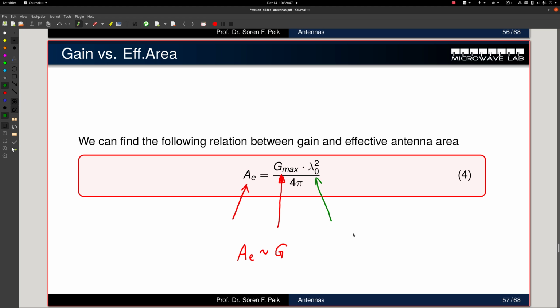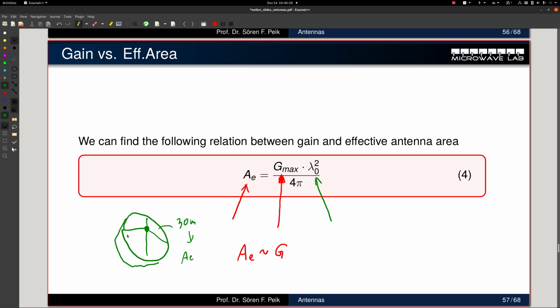That said, you know that for higher frequency antennas, the antennas are smaller in physical size than for lower frequencies. Remember the antenna I showed you last week, the huge parabolic dish antenna in Usingen. This antenna has a diameter of, I think, something like 30 meters, and that makes the effective area extremely big.